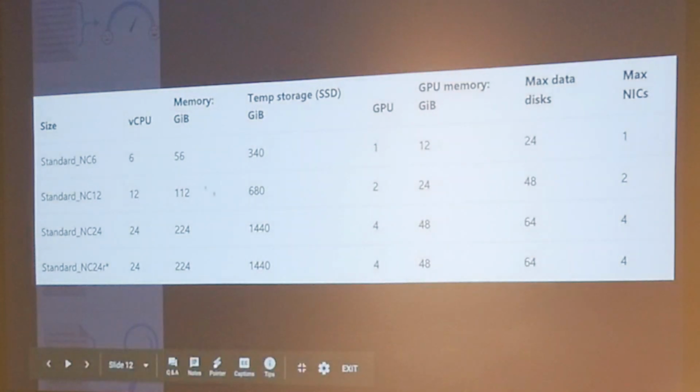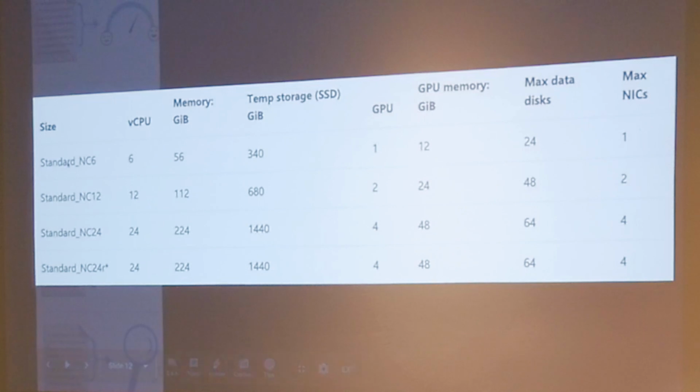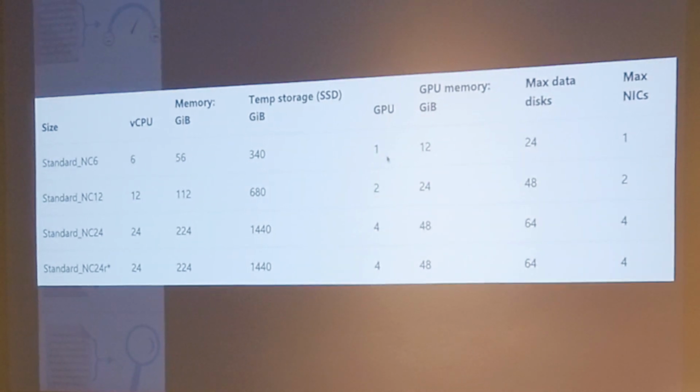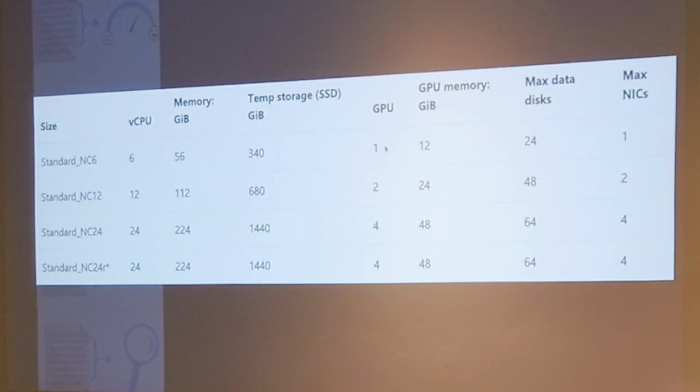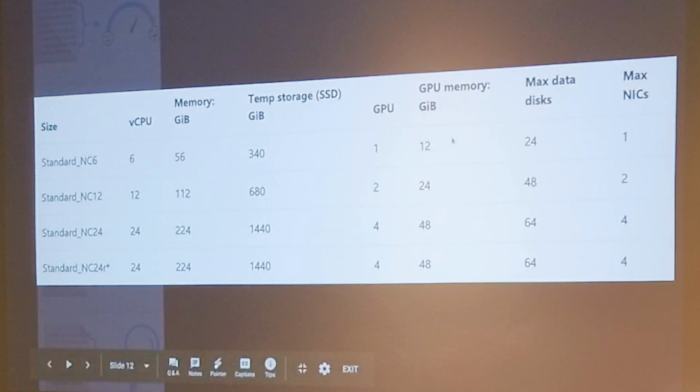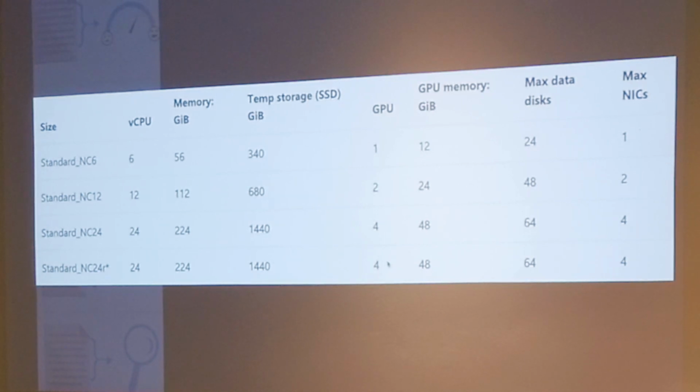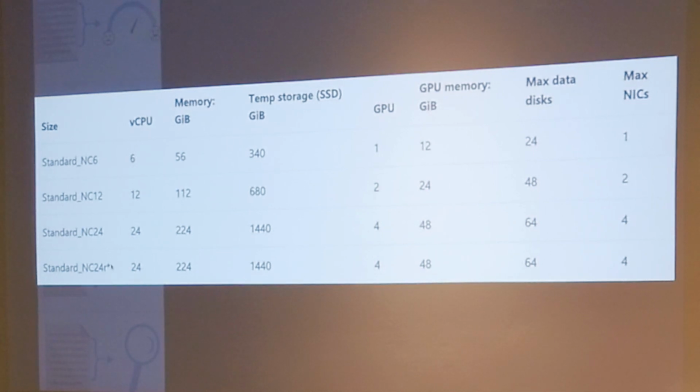And later on, I will need to open the GPU machine, which is the standard NC6, the first one, because I will just request one GPU. I don't really need much. And then you will see that for each of the different types of machine, you could request different numbers of GPUs, and also different features.